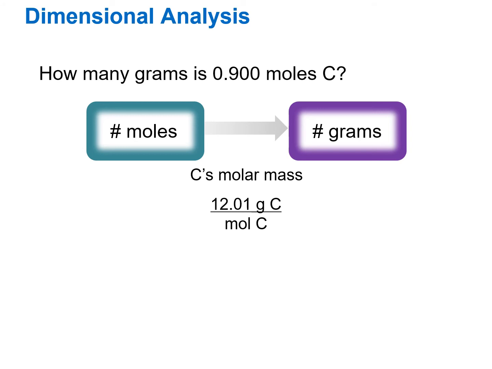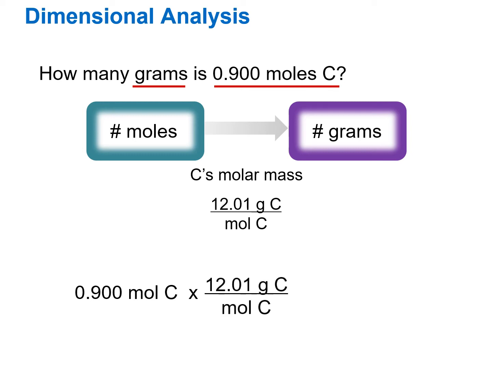All right, I have to go back and read my problem, and it's giving me the number of moles and it's asking me to find grams. So ultimately, whatever I end up in needs to be in grams because I'm interconverting units. So I like to start with what I'm given, which is 0.900 moles of carbon, and I'm going to use my conversion factor that I have written right here, which is 12.01 grams of carbon over 1 mole of carbon.